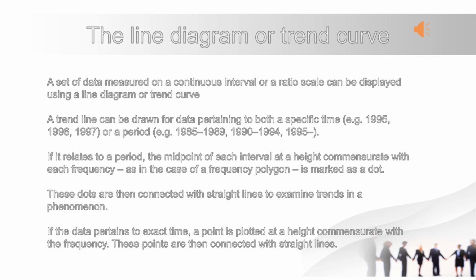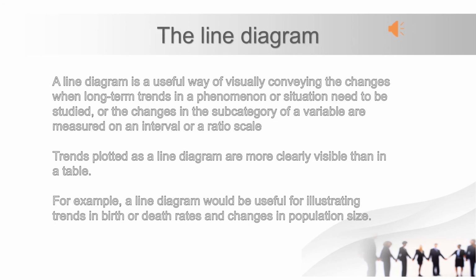So this is your line diagram or trend curve. A line diagram is a useful way of visually conveying the changes when long-term trends in a phenomenon or situation need to be studied, or when the changes in the subcategory of a variable are measured on an interval or a ratio scale.